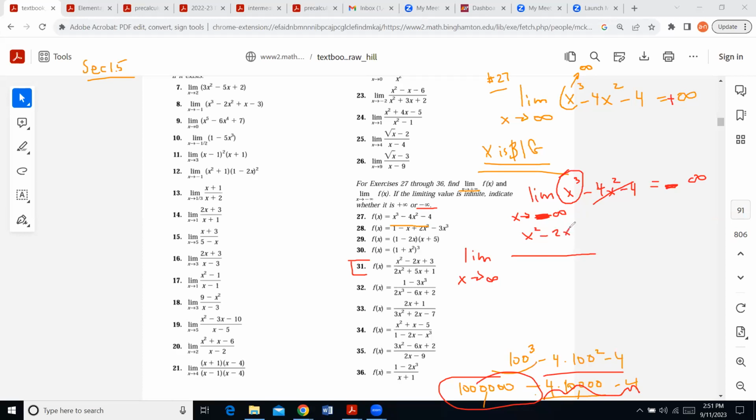So we take this fraction, and then we divide each piece of this fraction by that largest power of x that I saw, and that's x squared.